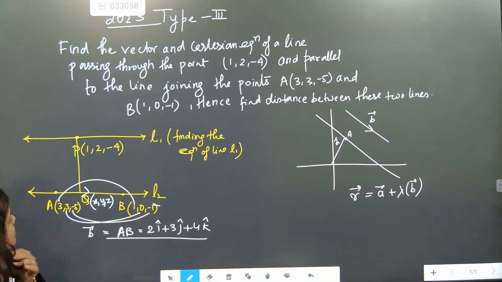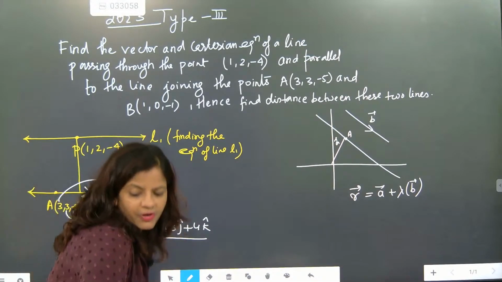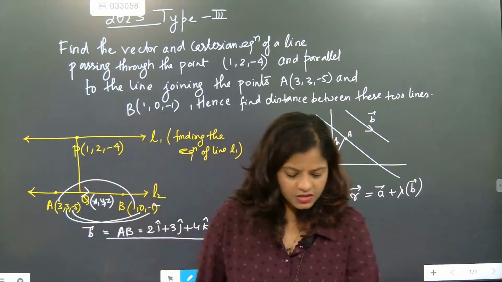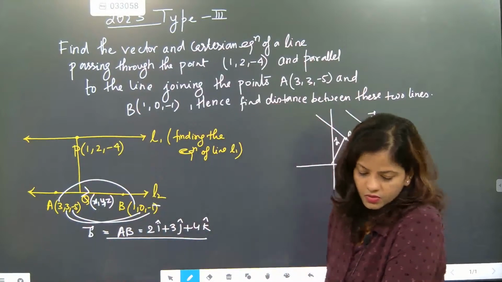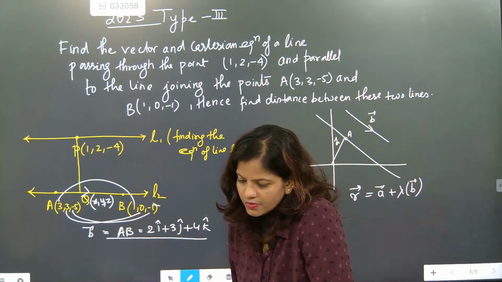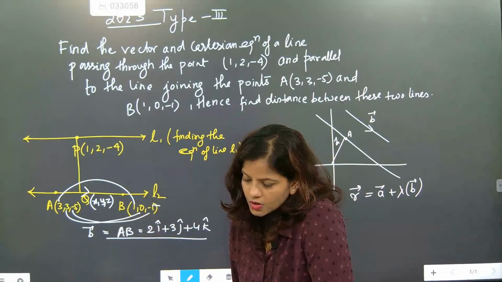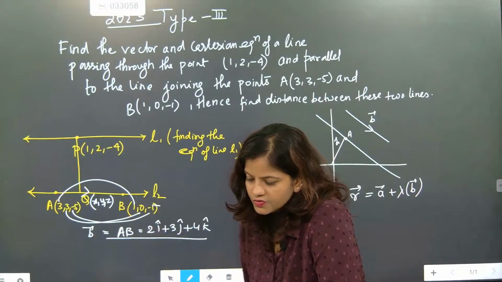Now, beta, here i plus is there. Which one, beta? Very good. x minus 3 by 2, x minus 3 by 2, x minus 3 by 2, i plus 2j plus 4k.